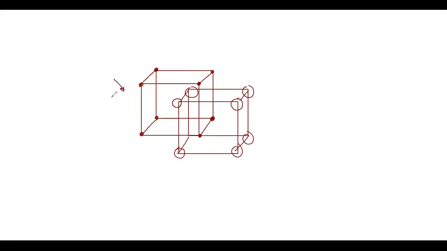So in my first diagram, the cation was body center, the anion was corner. In my second diagram, the cation is corner, the anion is body center. Has everyone followed what I said?